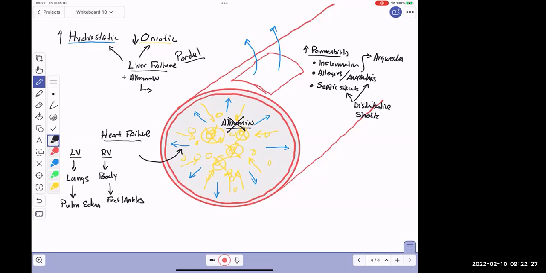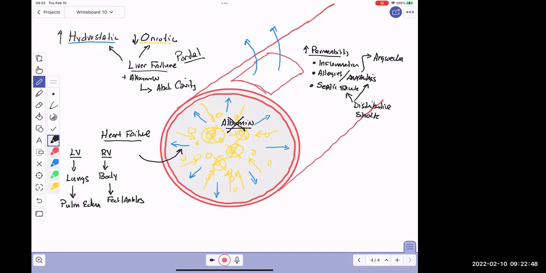So where does a lot of that fluid, as it backs up, spill out into as it gets pushed through those blood vessels? Interstitial space? A little bit, but where else? Abdomen? Yeah, the abdominal cavity.